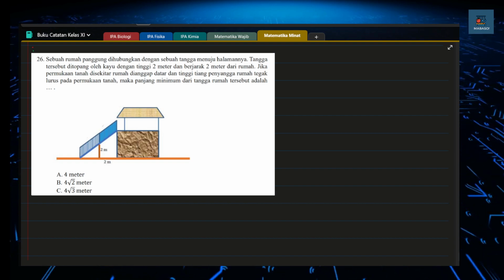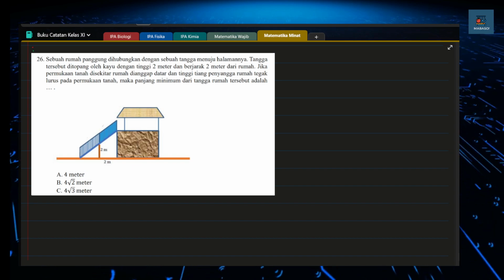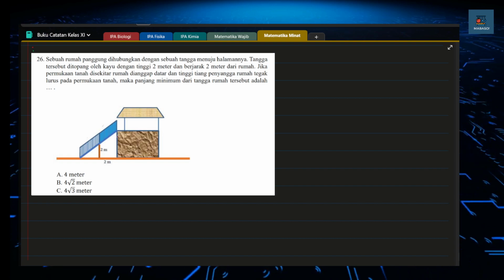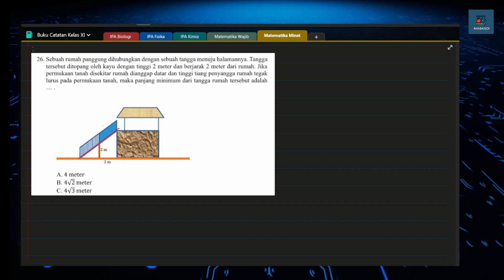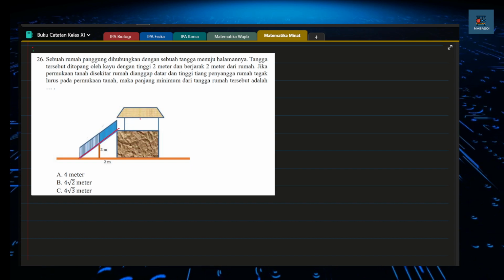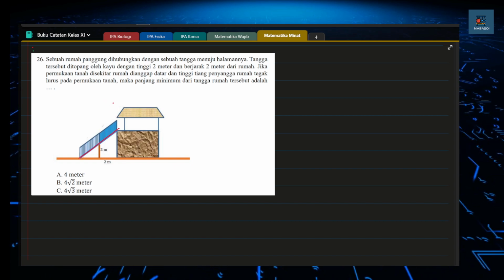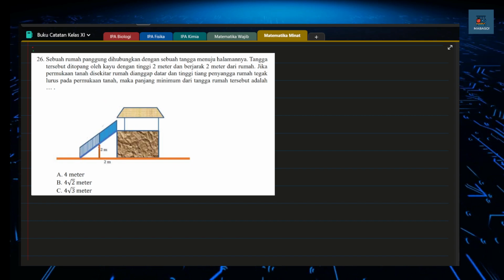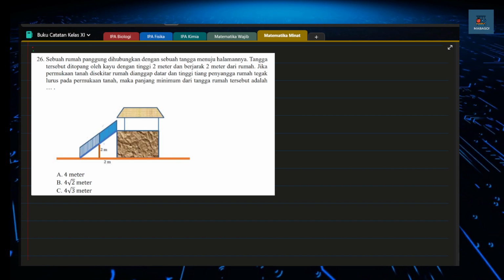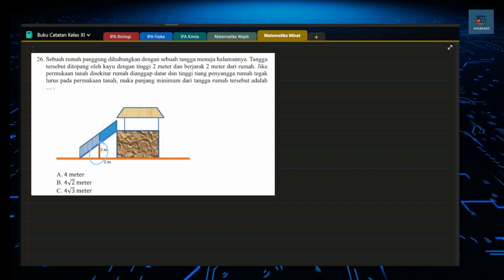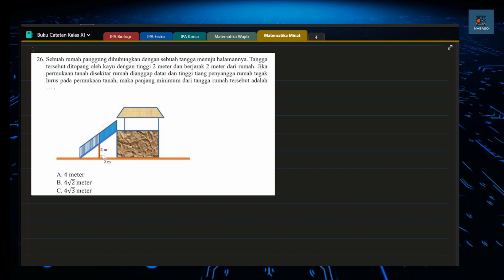We are given a figure of a house, and there's a ladder there. This is the ladder, and this is the house, right? The house is connected via a ladder, and we know that the length of this part is 2 meters.